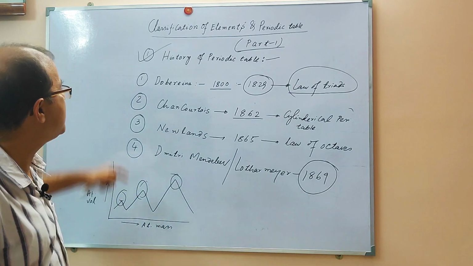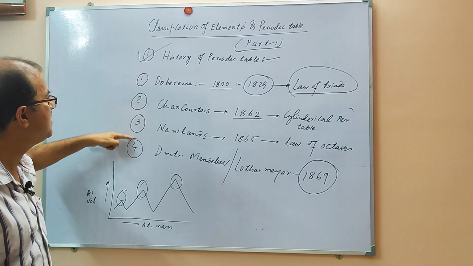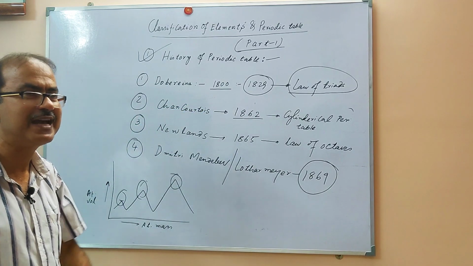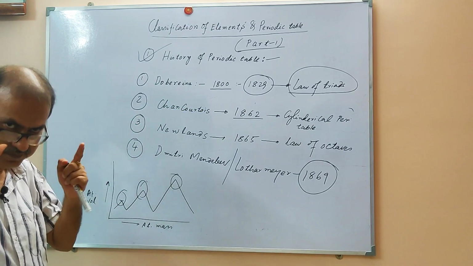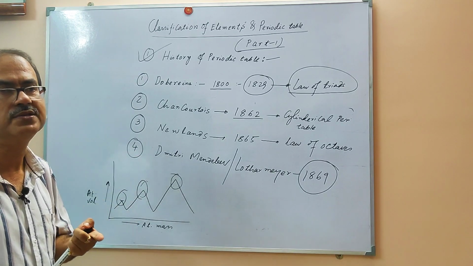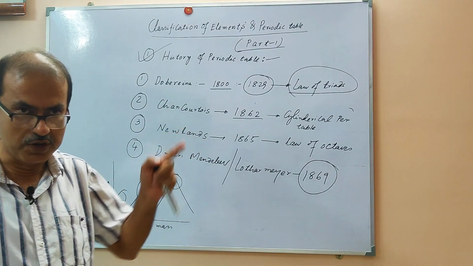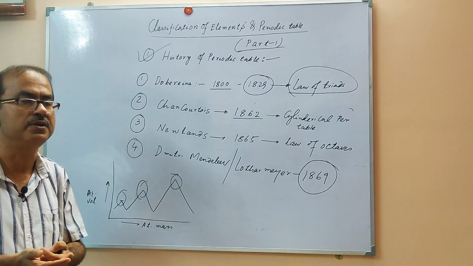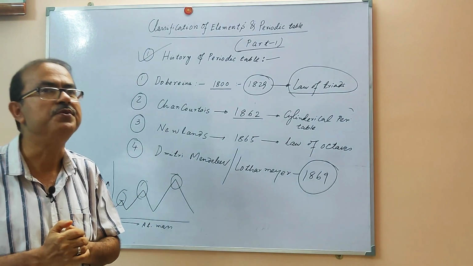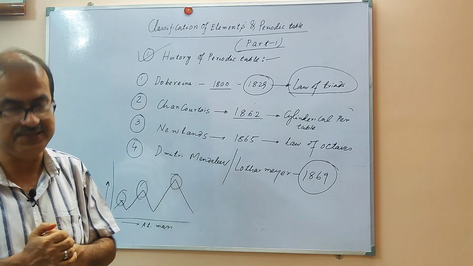Dobereiner was the first to give the concept that elements can be classified on the basis of properties, and Dmitry Mendeleev was the man who came out with the concrete solution of the periodic table. So now we understand what the periodic table of Mendeleev is.